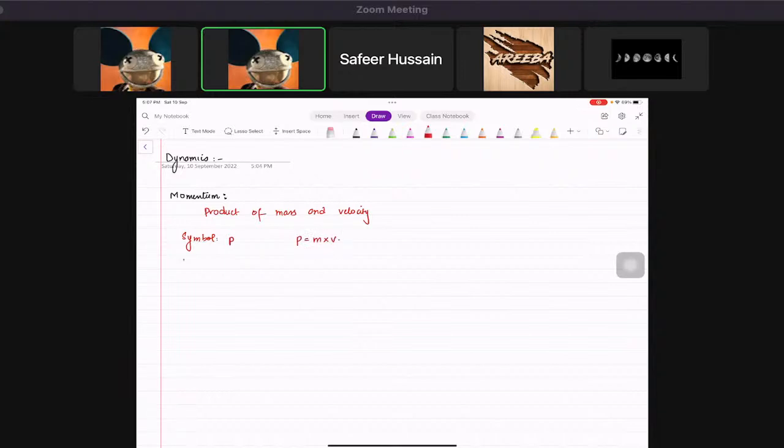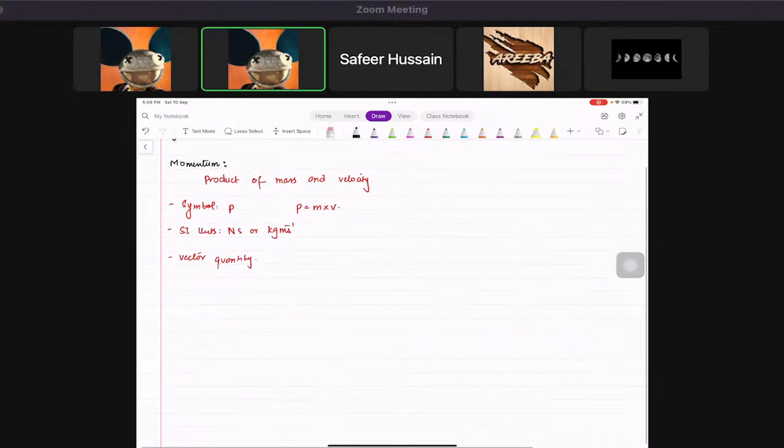The SI units, you could write Newton second or kg meters per second, they're the same thing. And it's a vector quantity, so we really need to take care of its direction, okay?